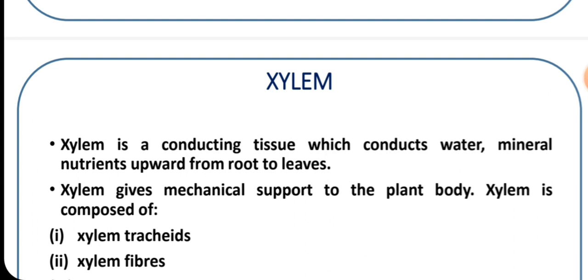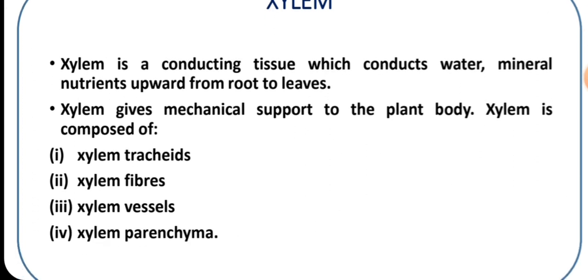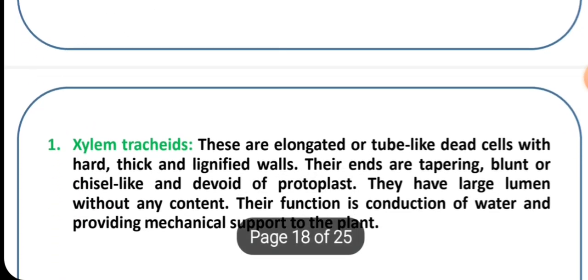And what is the xylem composed of? It is composed of xylem tracheids, xylem fibers, xylem vessels, and xylem parenchyma. Now let us take xylem tracheids first. What are they? They are very long, elongated, tube-like dead cells. What do you mean by dead cells? They don't have protoplasm, and they have very hard, thick, lignified cell walls.